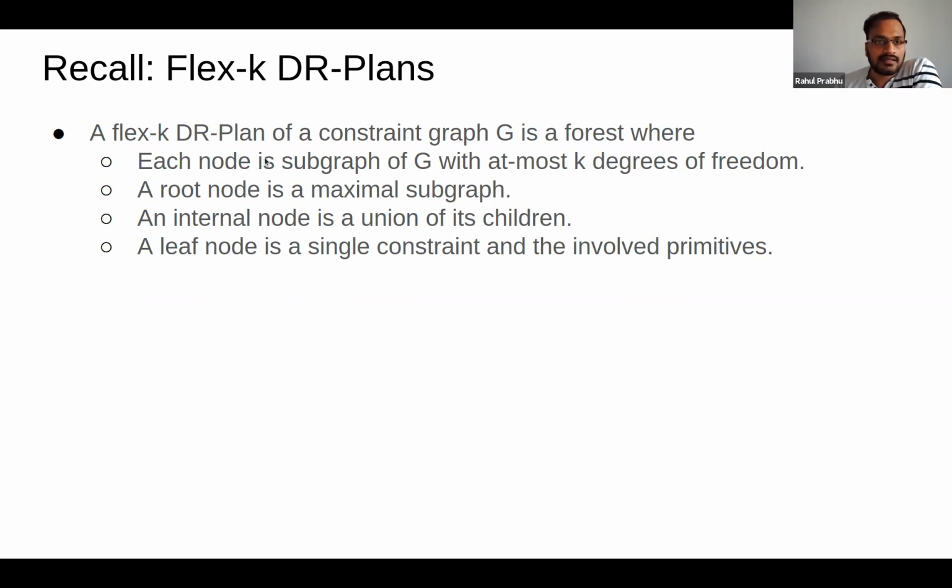It differs from a DR plan in just one crucial way: for a DR plan, you needed each node to be a subgraph of G that was rigid, but here you allow each node of the DR plan to have K degrees of freedom. So you allow it some flex so that you can have a much nicer DR plan, and the size of the DR plan is maybe constant.